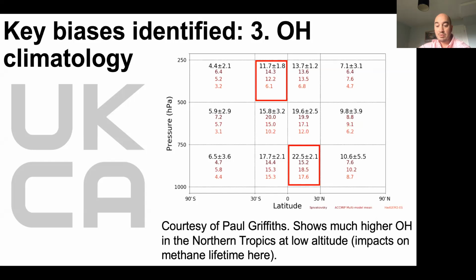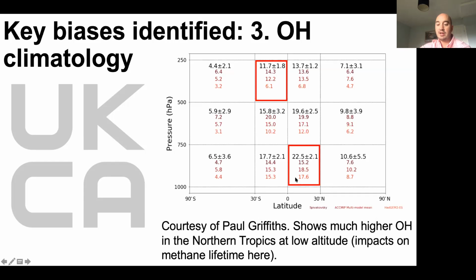I'll skip through, and then Paul Griffiths has produced this plot, which I think really nicely shows that when we compare the UKCA OH radicals in black to the ACCMIP multi-model mean and the Spivakowski climatology, so these are canonical numbers for what OH distribution should be, generally speaking, we do well, apart from these two regions, which I've highlighted in red.